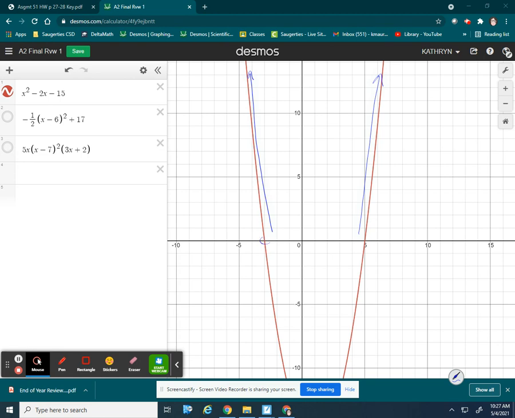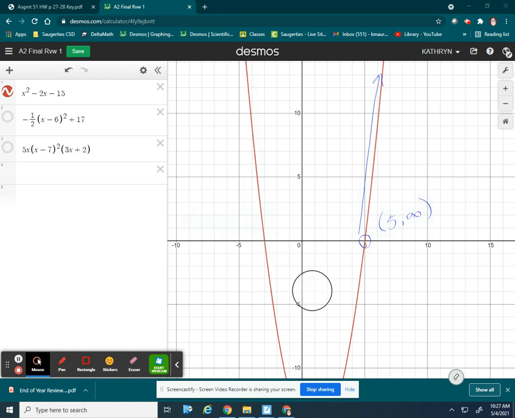So basically, if I take this point as my ending point, the x-axis, this goes from negative infinity to negative 3. Negative 3 is not included because then it would be equal to 0. And then from here, our graph goes from 5 to positive infinity.